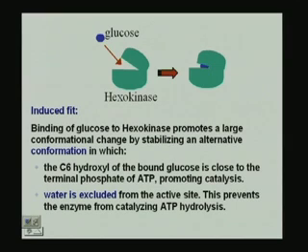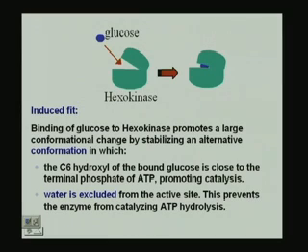They are not ones that would just sit with a lock and key where an exact substrate would come and sit there. It happens such that the binding of the glucose to this hexokinase promotes a conformational change in the enzyme, and it stabilizes a different conformation whereby the ATP is positioned in such a way that the terminal phosphate can be transferred to the substrate, that is glucose.